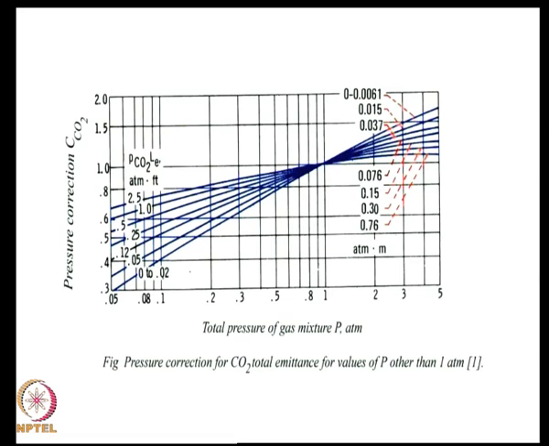Now, if you are dealing with pure water vapor or pure carbon dioxide, or these mixed with nitrogen which does not absorb, then one can proceed and use these charts.